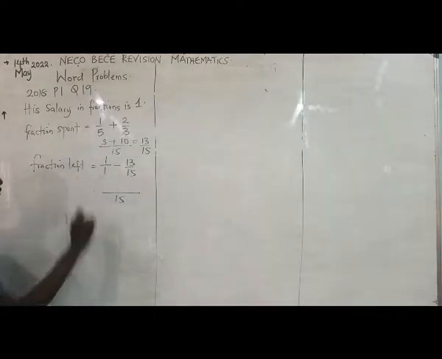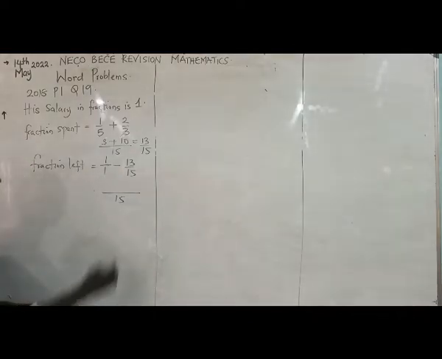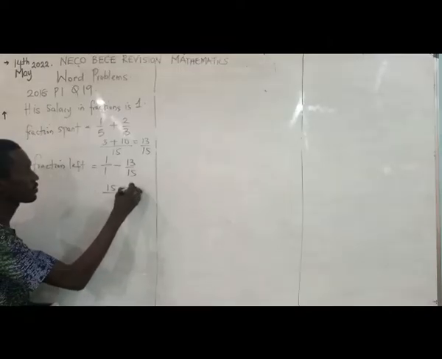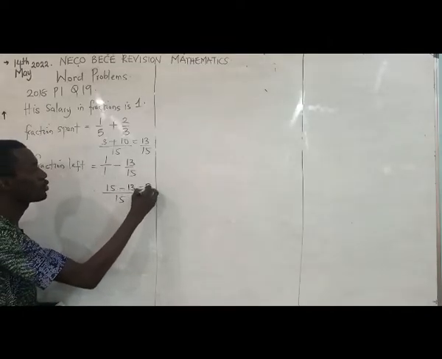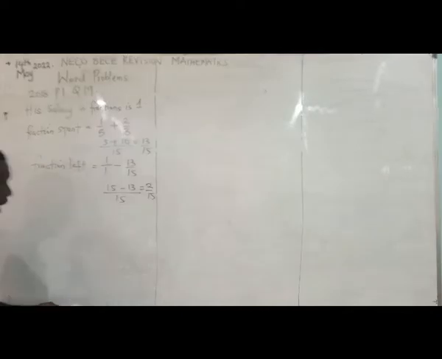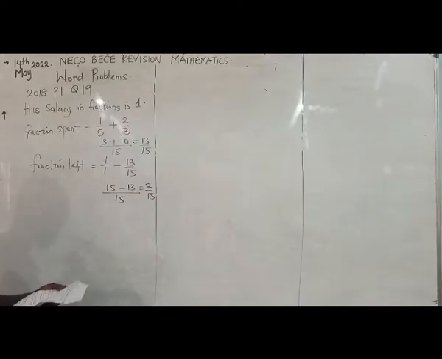So 15 divided by 15, 15 divided by 1 will be 15 times 1, 15, minus 13. That will be 2/15. So what is left will be 2/15.